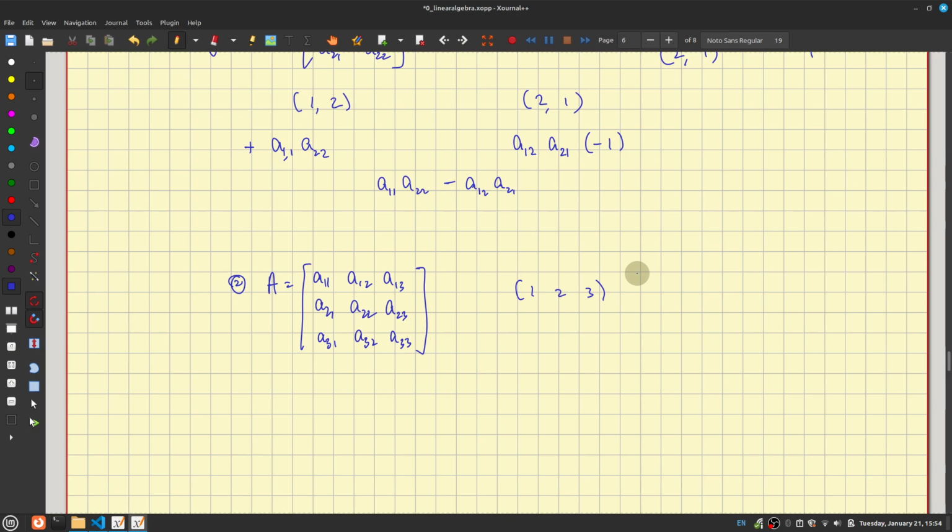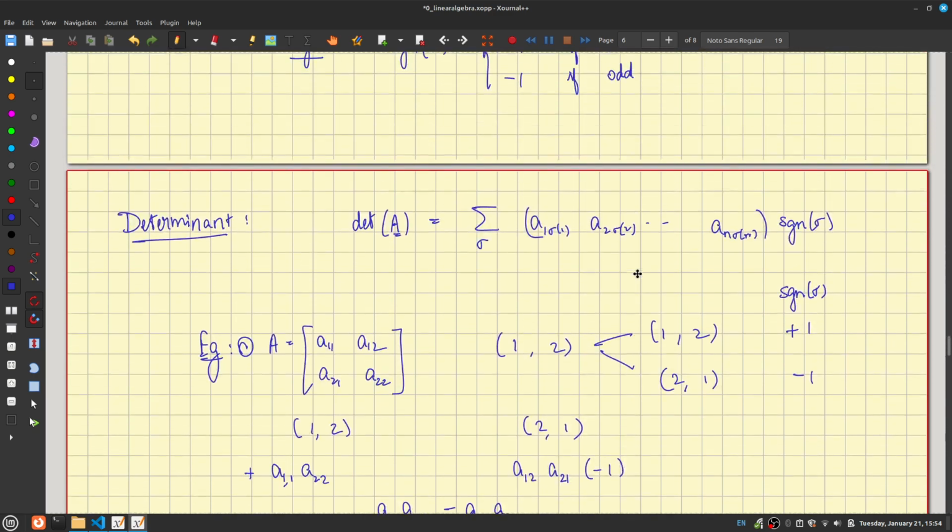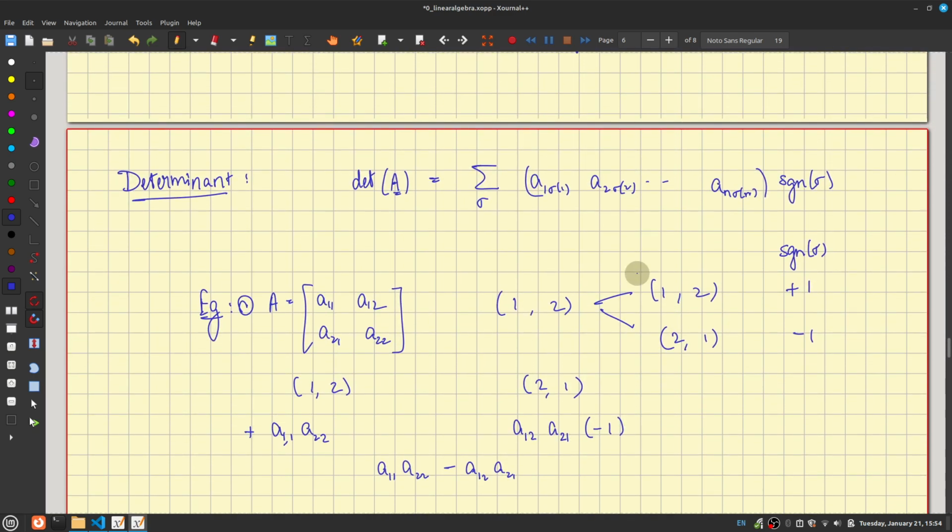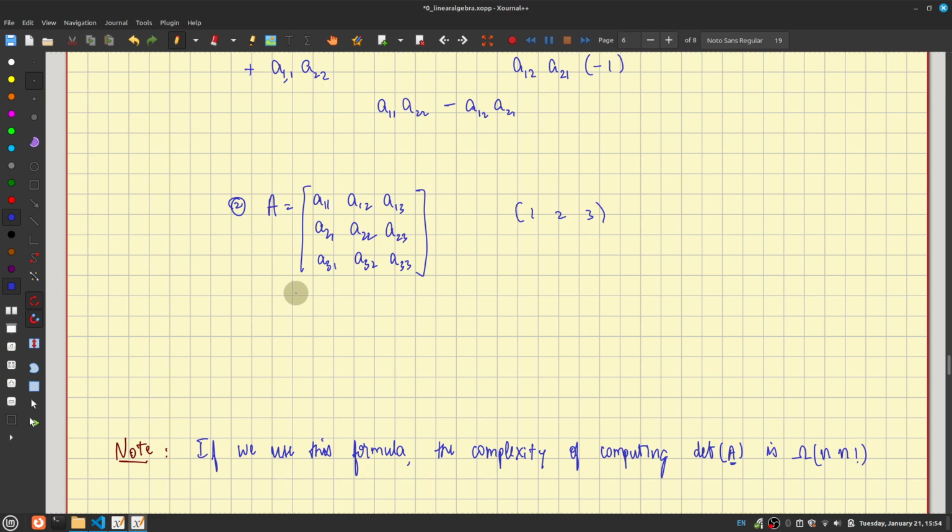You'll see that you end up with the same formula for the determinant that you've seen in high school. So this is a very generic definition of the determinant. I leave it as homework.